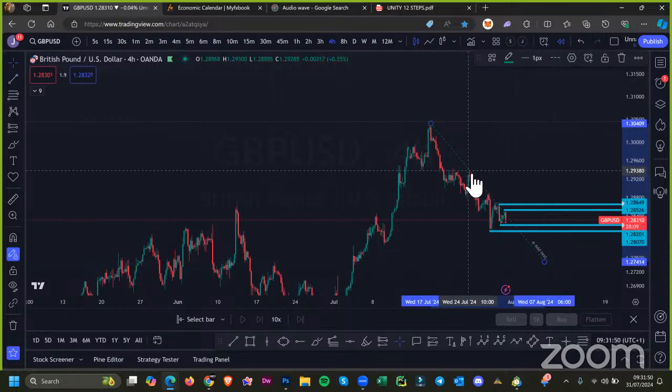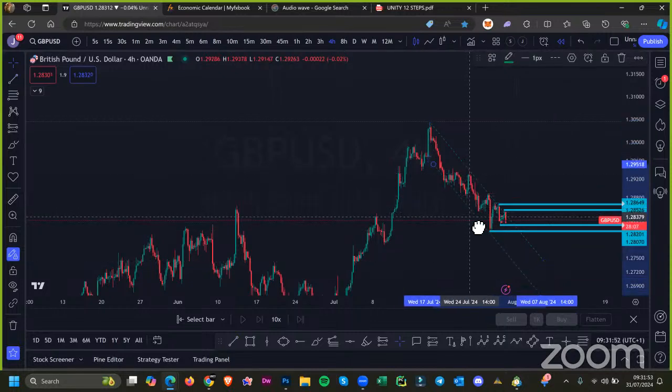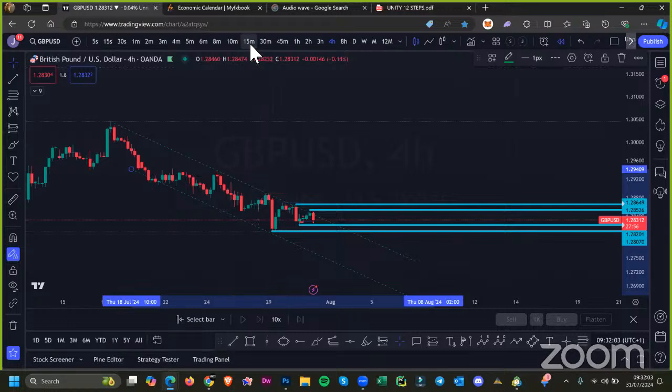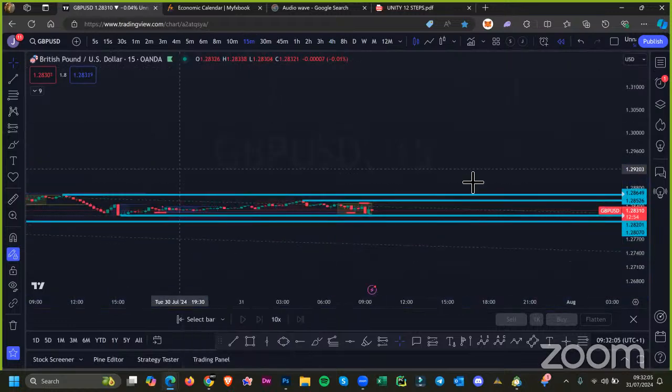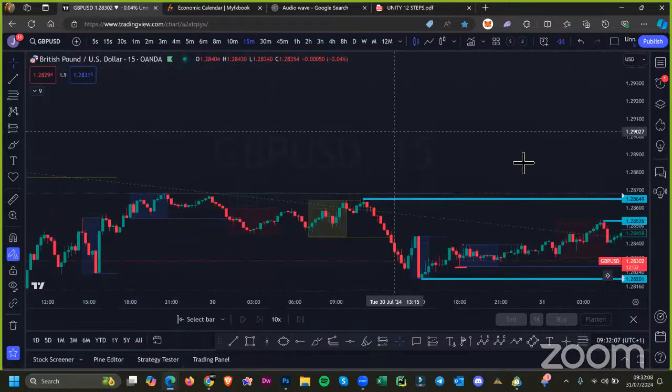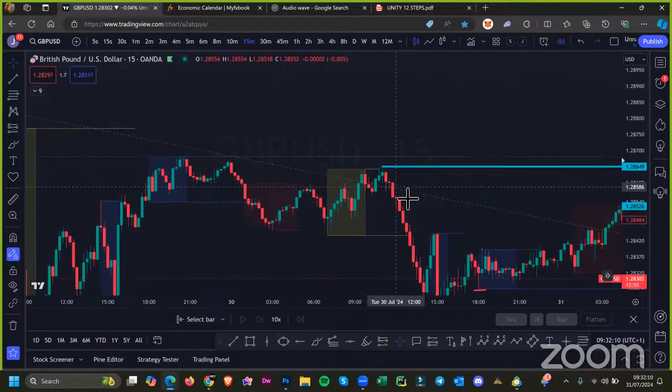It also taps into previous battlefields, as we know, and it indicates, corrects and continues. But this play that we're talking about is when the markets first start, when London or New York first kicks off, and we can see an area of liquidity, even if it's against the overall trend.